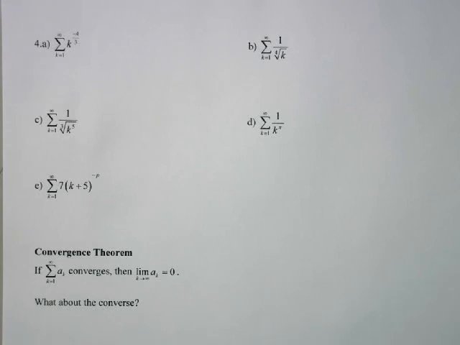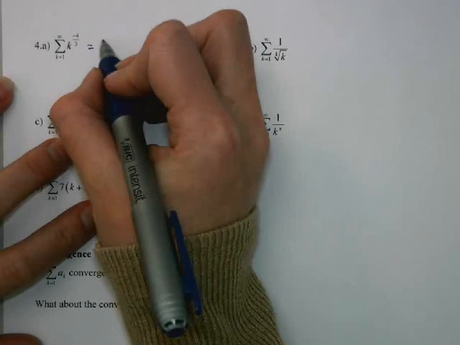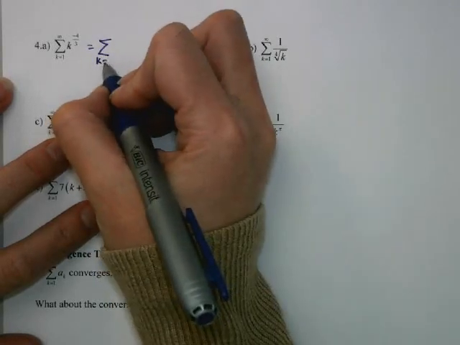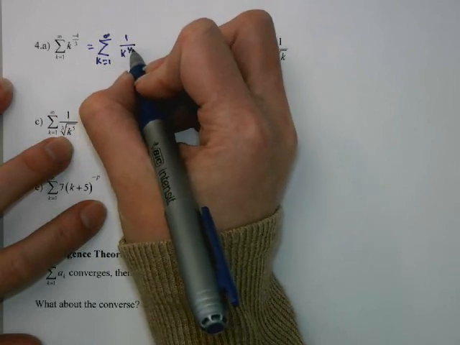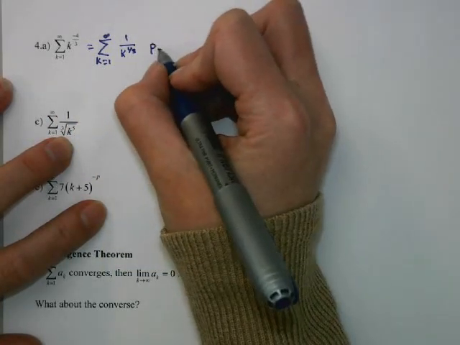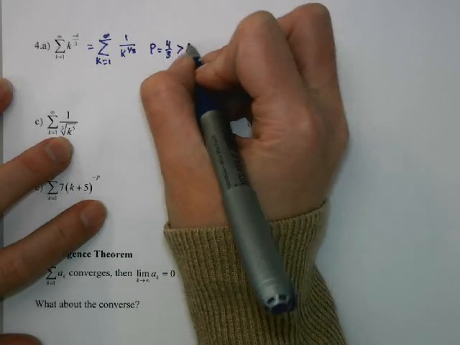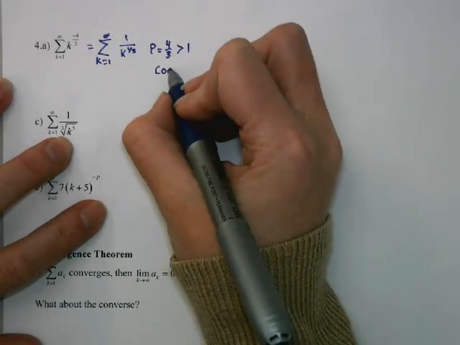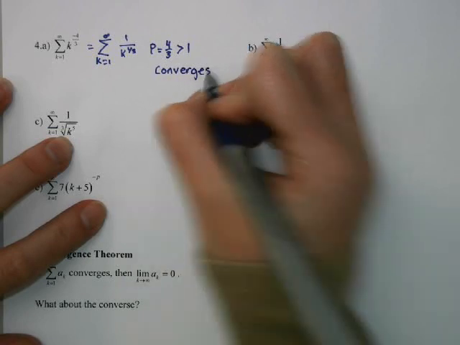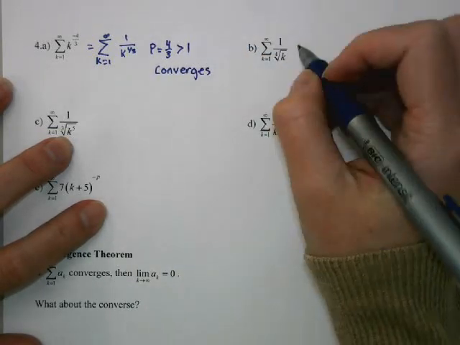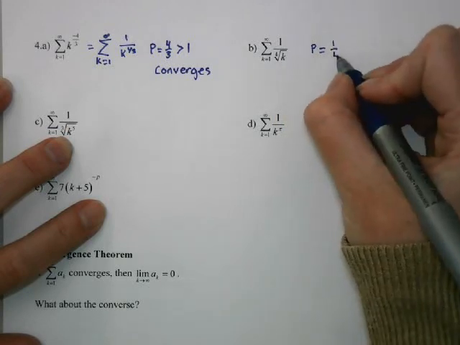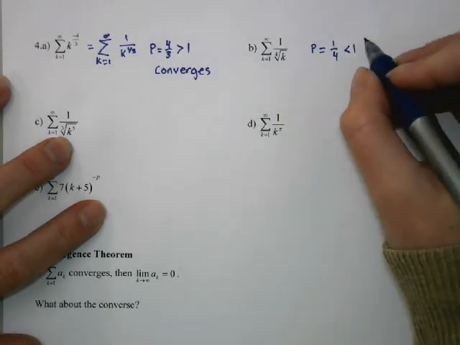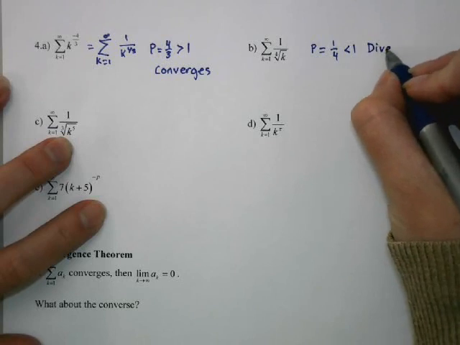All right, so now that we have the p-series, we just need to apply it. So this is k equals 1 to infinity of 1 over k to the 4/3, which means p is 4/3, which is bigger than 1, which means our series converges. Here, this is the same as k to the 1/4, so p is 1/4, which is less than 1, which means the series diverges.